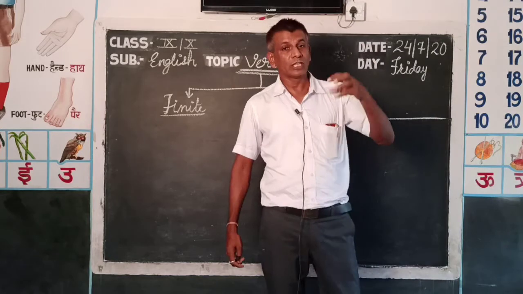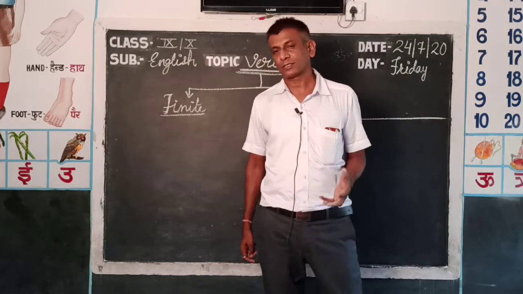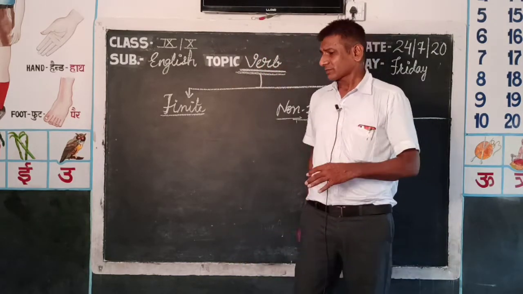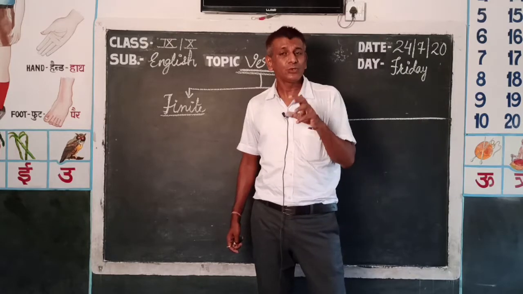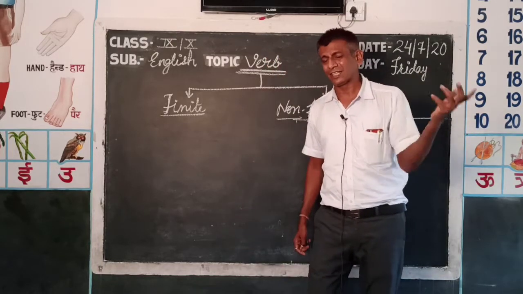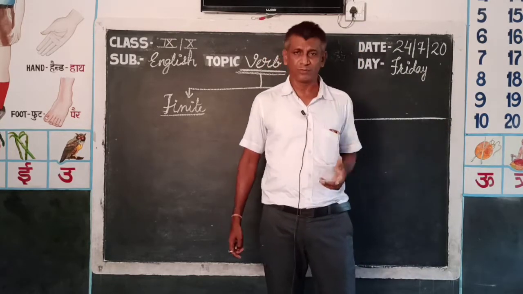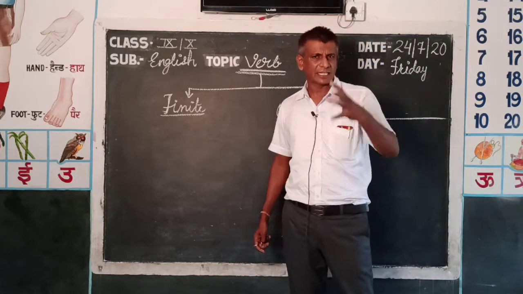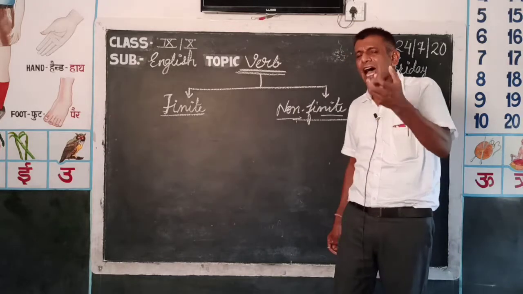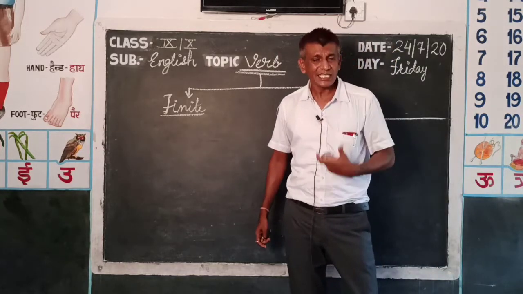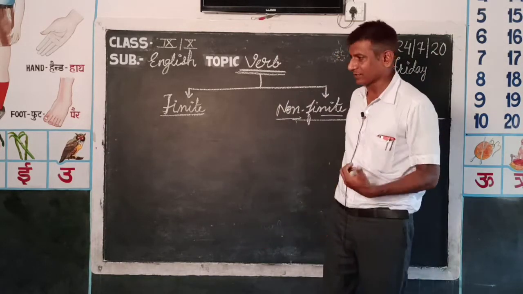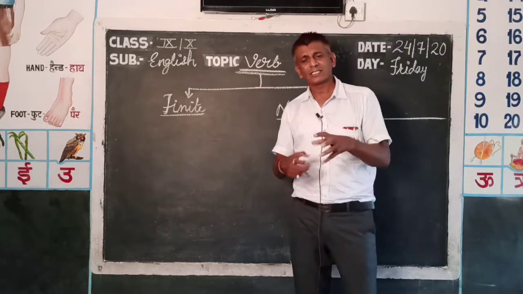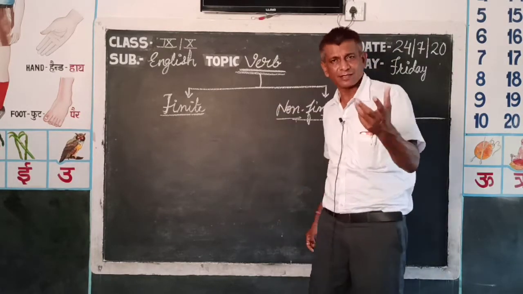But I am telling you the original names of these forms. Technically, grammatically, we do not call them first, second, third. These are not technical or grammatical names. These names are just for the easiness of the students and teachers, for our better understanding.